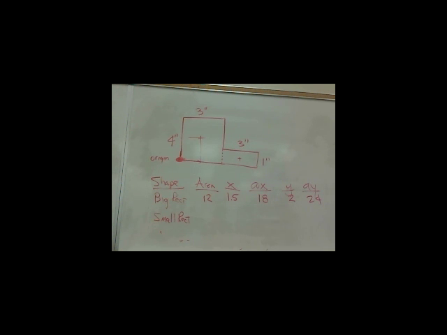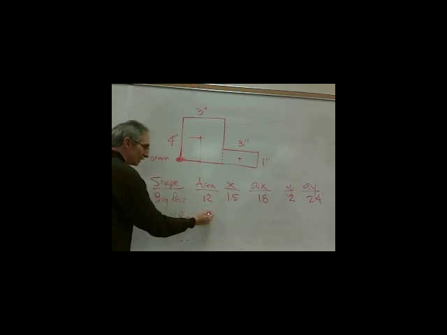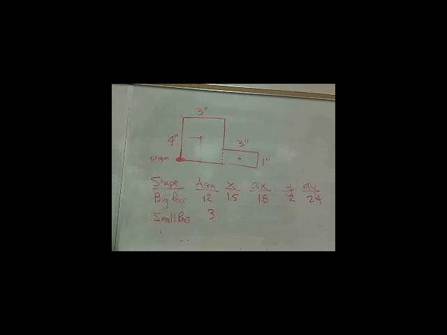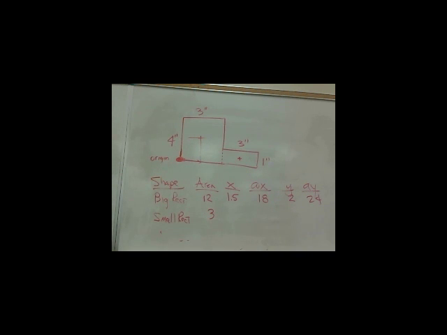Now we do the small rectangle. It's 3 inches wide, 1 inch high, it's 3 square inches. What's the x distance? All of our distances, once we set the origin, are always referenced back to that origin.